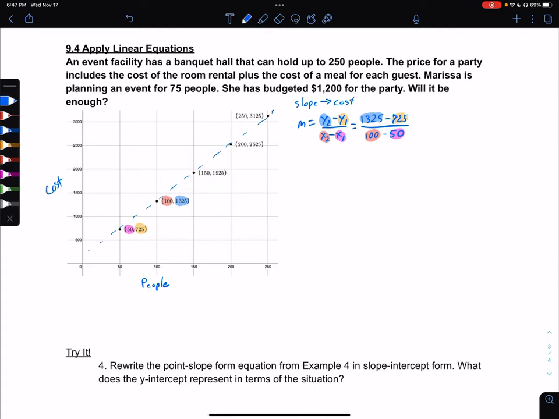So when we subtract these, 1,325 minus 725 is 600. 100 minus 50 is 50, and if we divide these, we get 12. So what that tells me is that my slope is 12. Okay, so this is the cost of a meal.